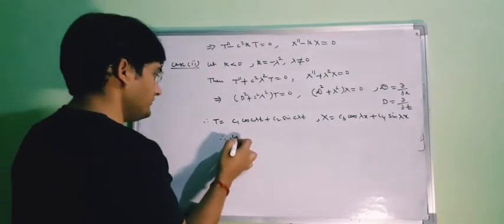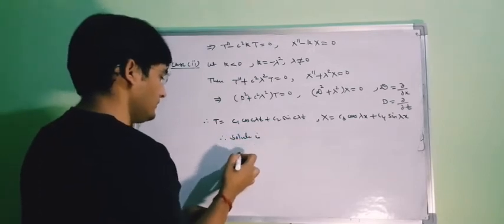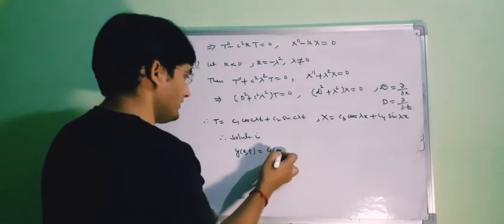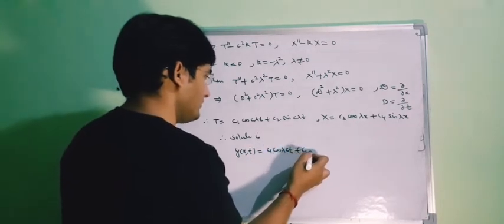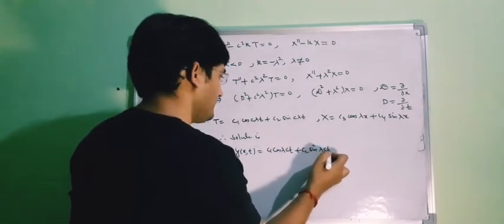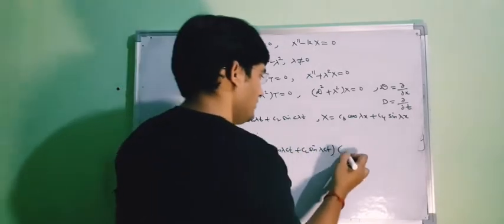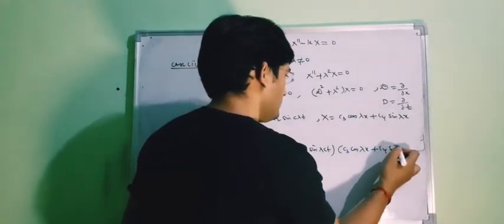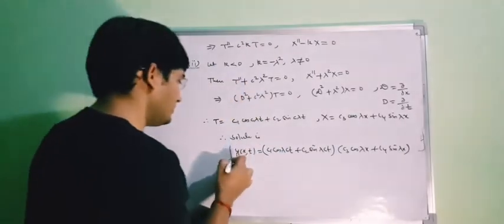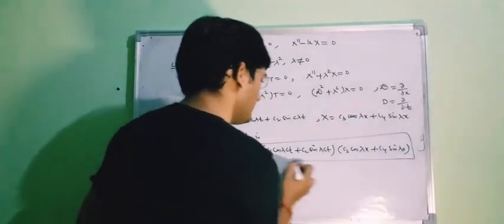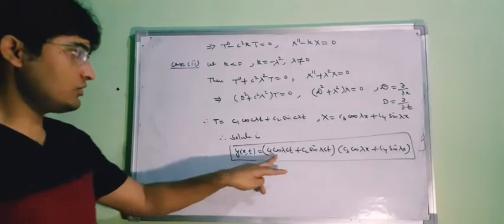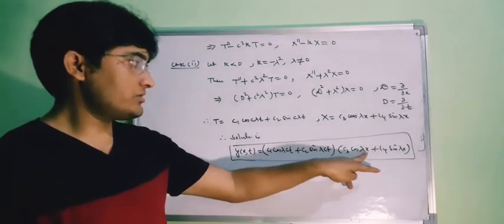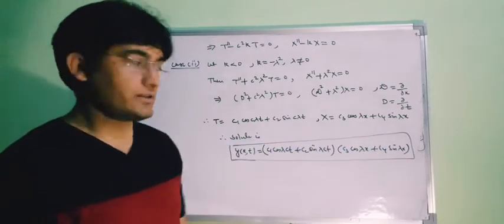Therefore the solution is y(x,t) equals c1 cos lambda c t plus c2 sin lambda c t, times c3 cos lambda x plus c4 sin lambda x. So this is your solution in this case.